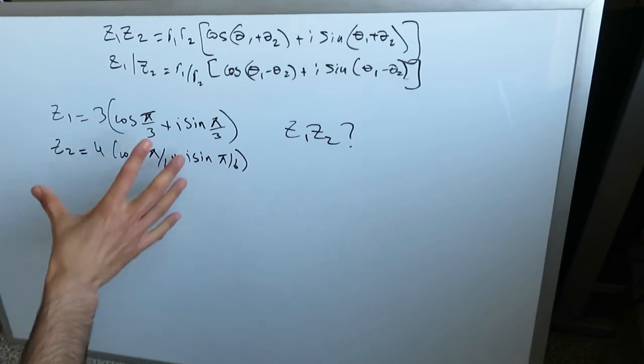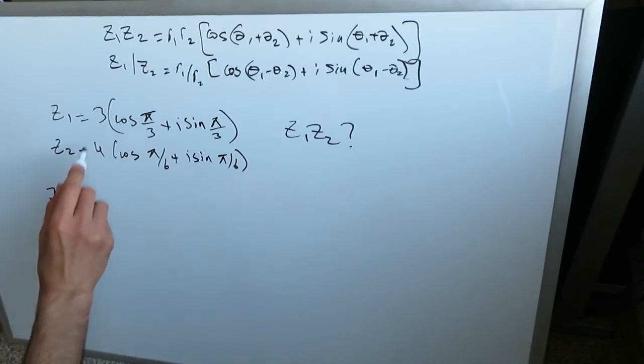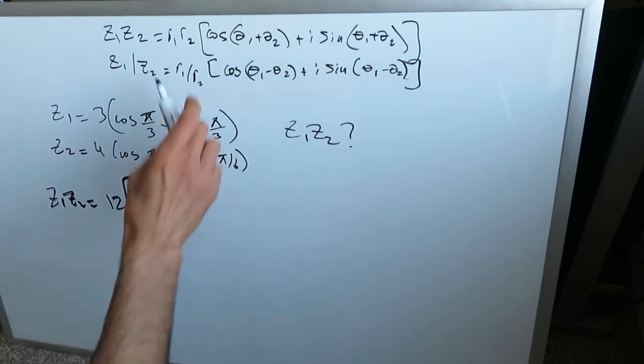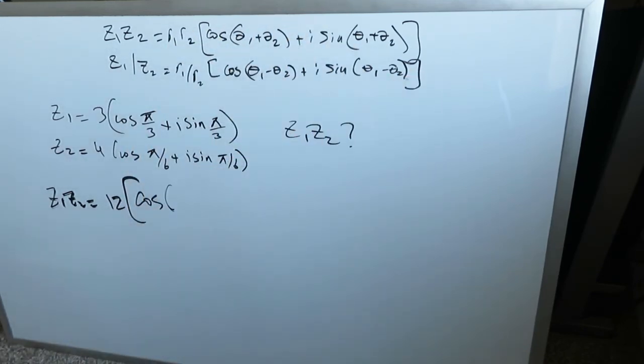All you have to do is put the polar forms into the correct formula, and you proceed. We have to do z1 times z2, so take the r values and multiply them. So z1 times z2 is equal to 3 times 4, which is 12. Now just put in the cosine, run the formula through. Cosine of the sum of the two angles, pi over 3 and pi over 6.